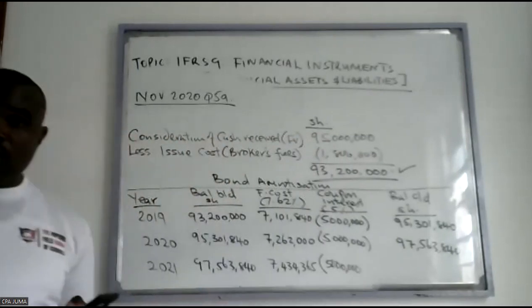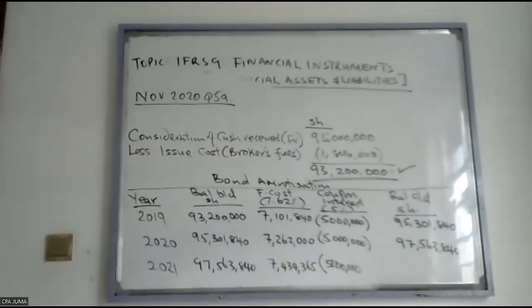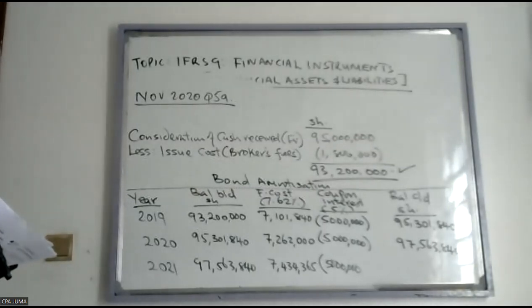How are they redeeming? They must have said how to redeem. The cash received, the broker's fee was deducted from the coupon payment, what else?